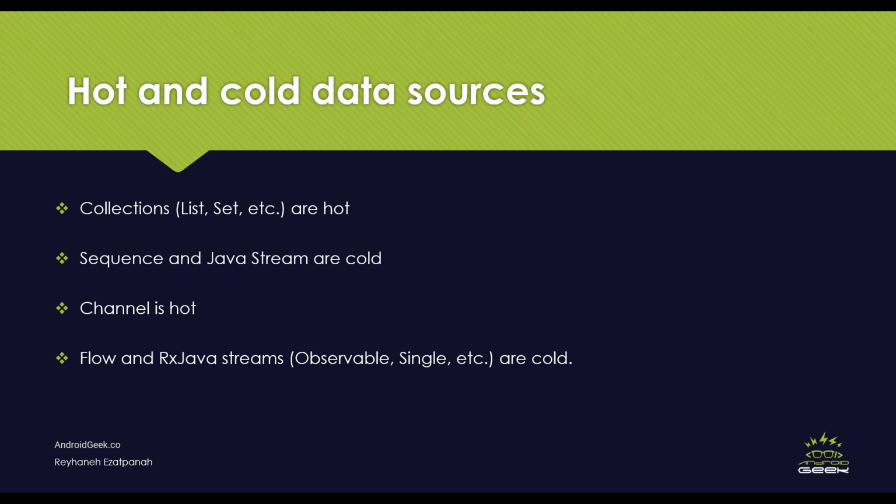For example, collections like lists and sets are hot data. Sequence and Java Stream are cold. Channel is hot. And also, Flow and RxJava streams like Observable and Single are cold.